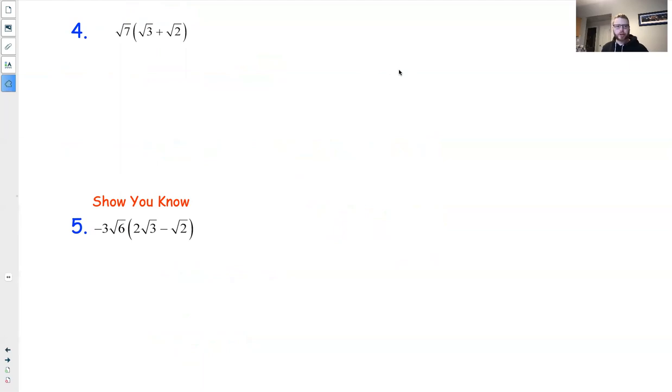Okay, so we have root 7 being multiplied by root 3 plus root 2. So we need to distribute that root 7 into our brackets. That will give us root 7 times root 3 plus, right, we have that plus sign in there, root 7 times root 2.